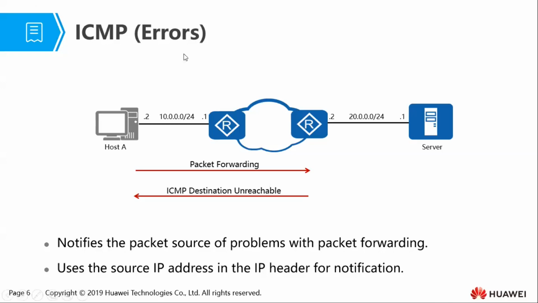Okay, so ICMP errors. When we send a packet to the network, sometimes, for example, in this particular example, host A is sending a packet to this server. But this server might be down.